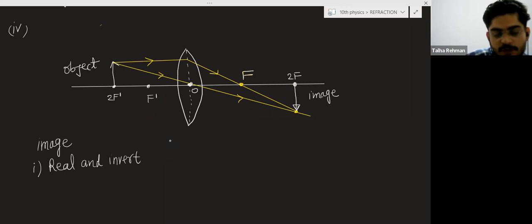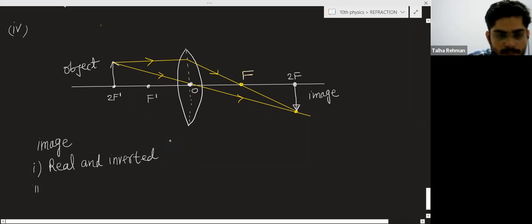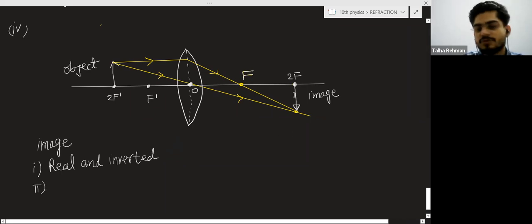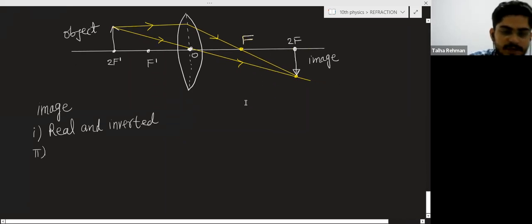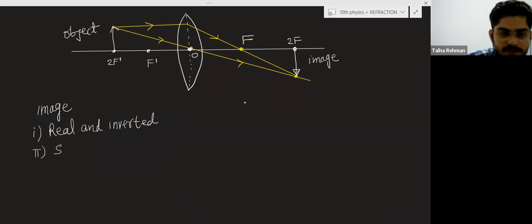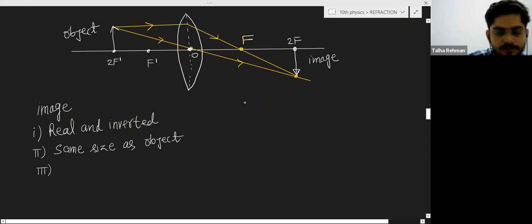You can check it from the diagram, because the rays are actually meeting at a point. Secondly, the size of the image will be the same as the object.